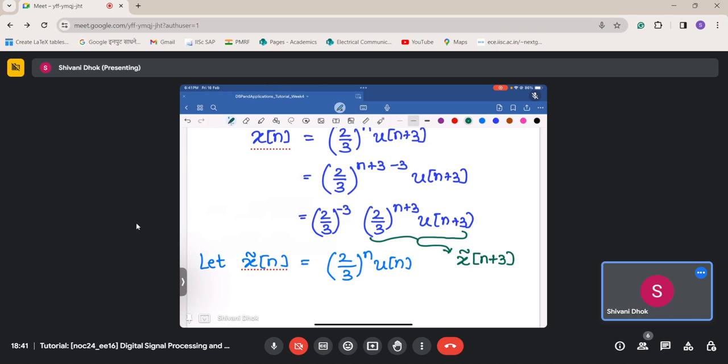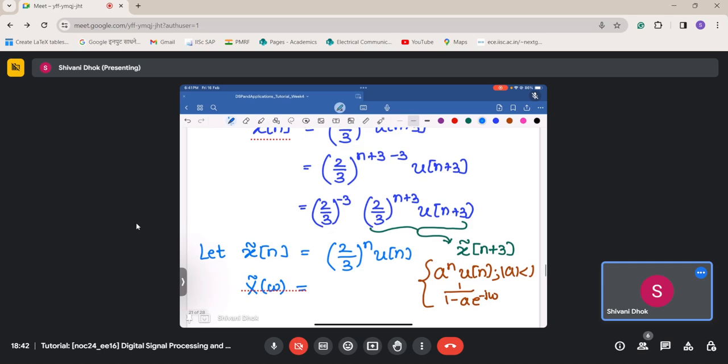Now this thing is of the form a power n u of n with magnitude of a less than 1, and we had seen that this has a Fourier transform of 1 upon 1 minus a into e power minus j omega. So this x tilde of omega is simply equal to 1 upon 1 minus 2 by 3 into e power minus j omega.